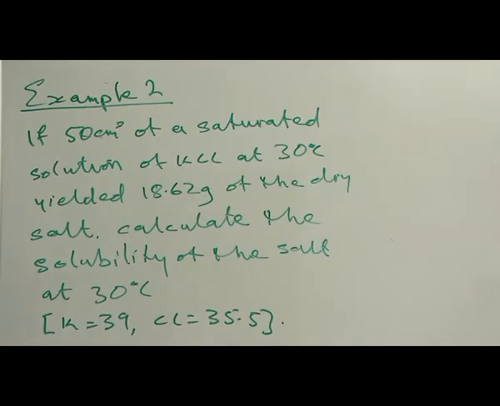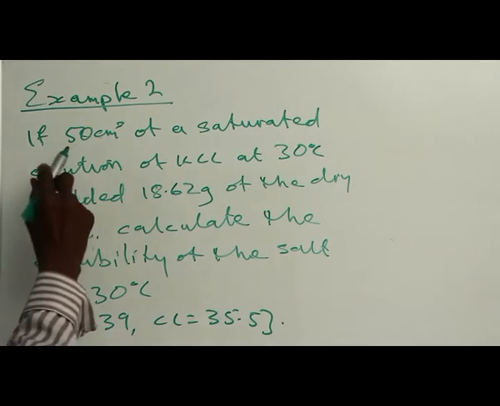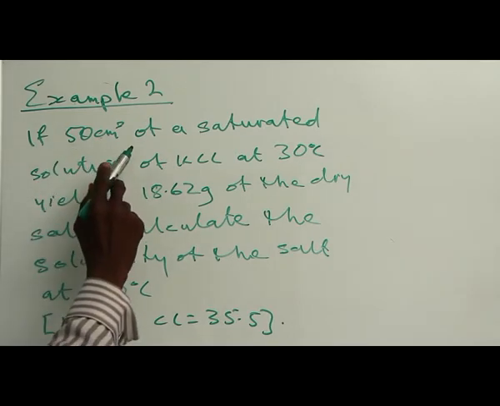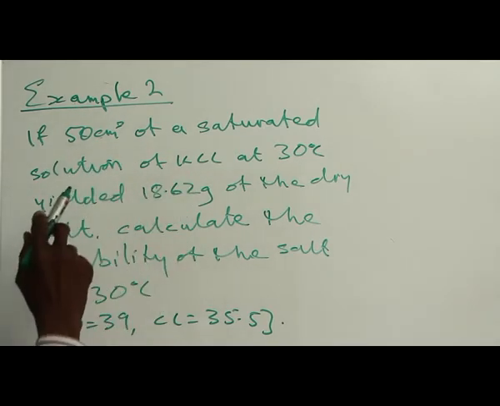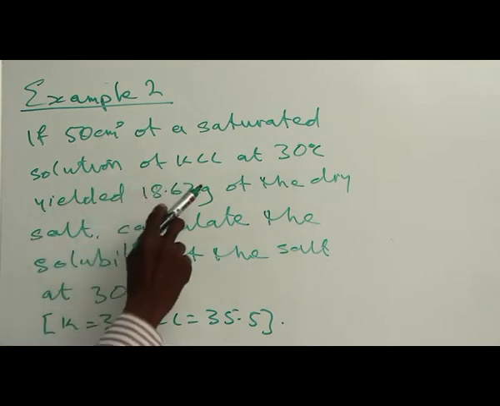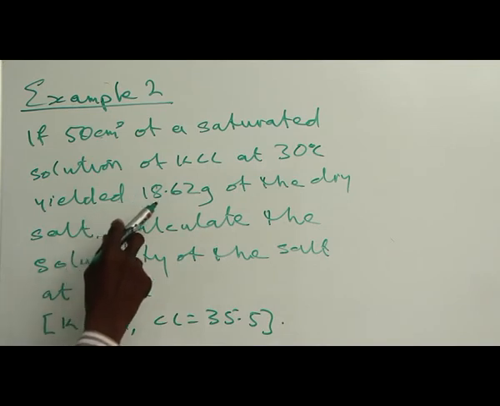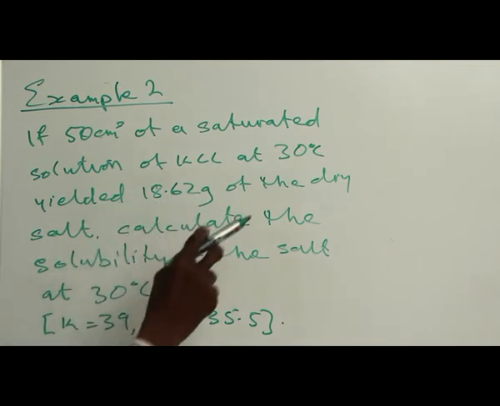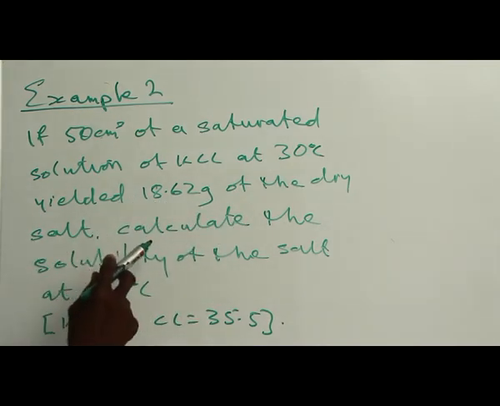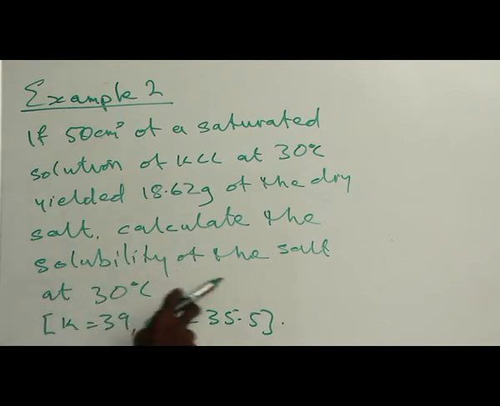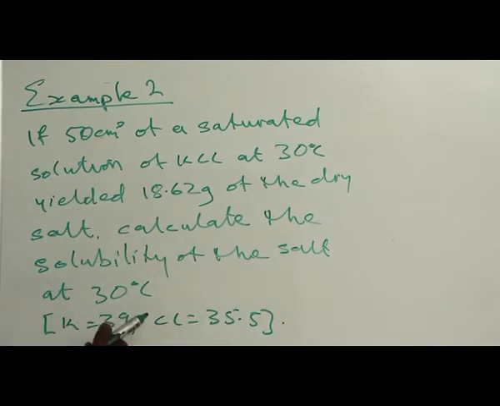Let's consider the second illustrative example. If 50 centimeter cube of a saturated solution of potassium chloride at 30 degrees Celsius yielded 18.62 grams of the dry salt, calculate the solubility of the salt at 30 degrees Celsius.